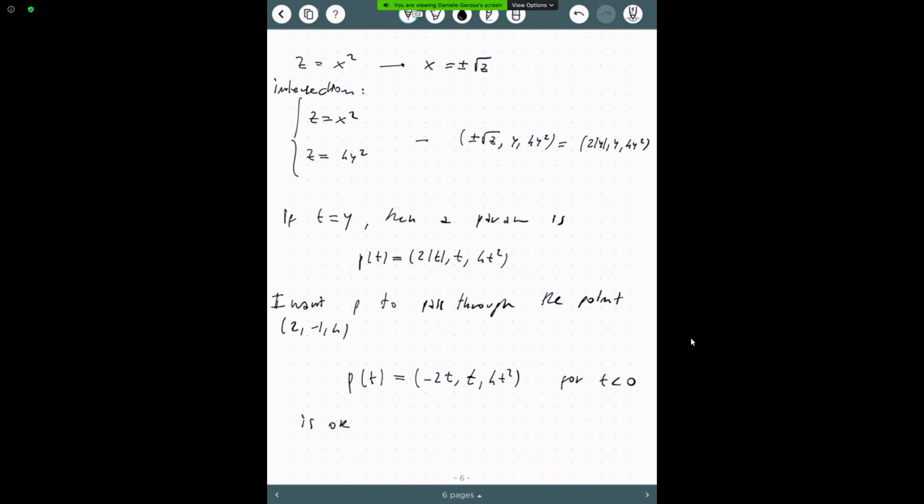Now this is a choice. You can play around with the signs and with the modulus to get something else. But you see that if t is equal to -1, I get that P of -1 is equal to (2, -1, 4), which is the condition.